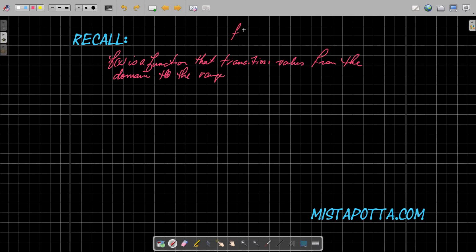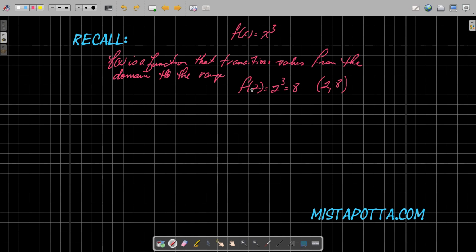So if I have something like f of x equals x cubed, if I do f of 2, I know that's going to be 2 cubed, which is 8. So in other words, the element in my domain is 2, the element in my range is 8, and this is the point that we traditionally map when we graph a function.